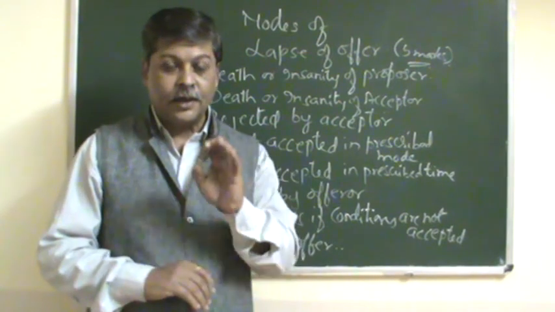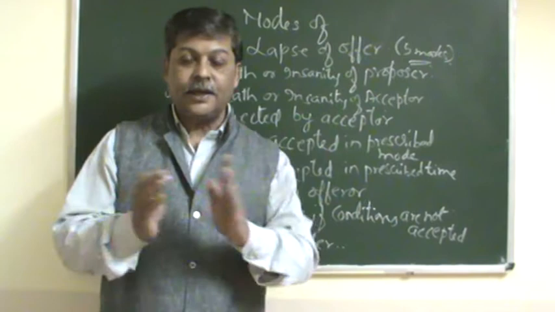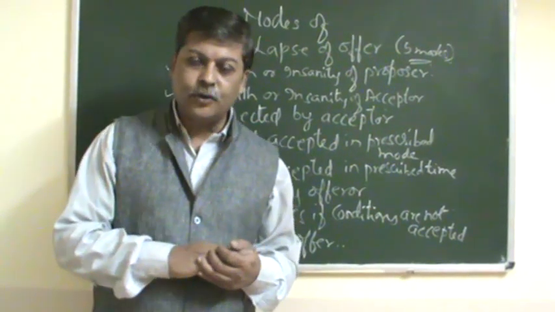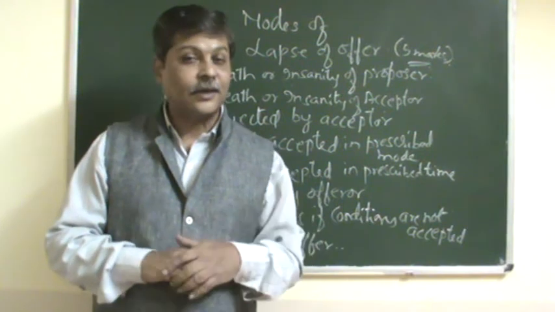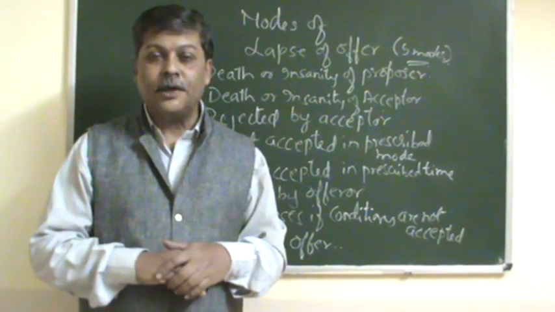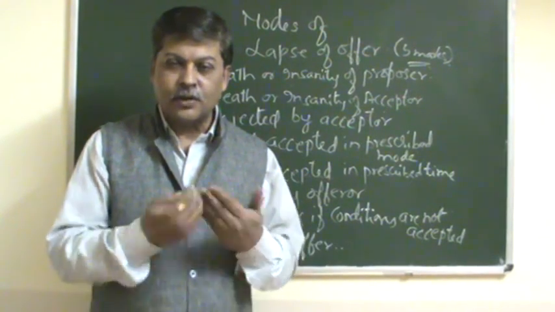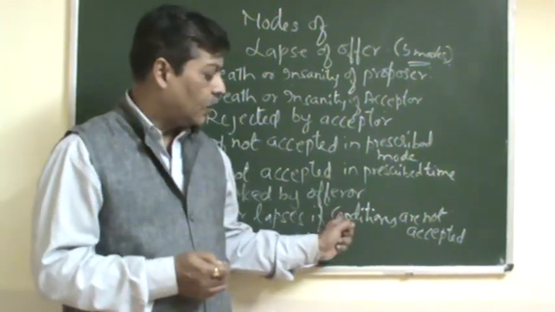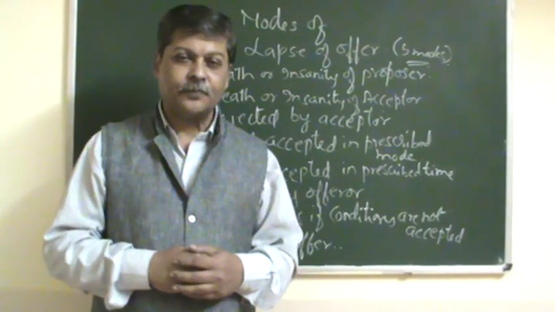A condition is there that along with the acceptance 10,000 must come. B has sent his acceptance that he is ready to purchase the car for 2 lakhs rupees, but he has not sent that 10,000. So the condition has not been complied with. The acceptor B has not fulfilled the condition. So condition is not accepted. Hence the offer has lapsed.